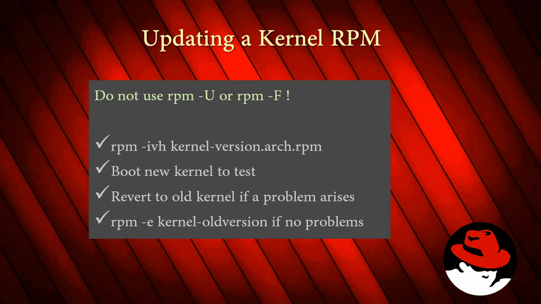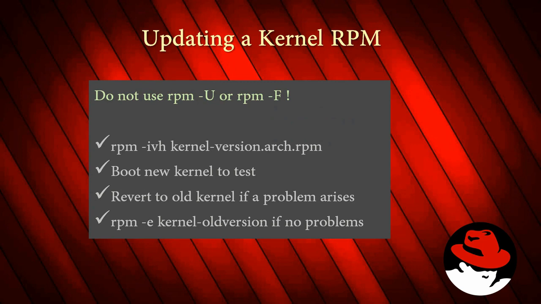Then there comes the updating of a kernel RPM. When you are updating a simple file, that could be a utility like links or a web browser, you could roughly use rpm -U or rpm -F command.